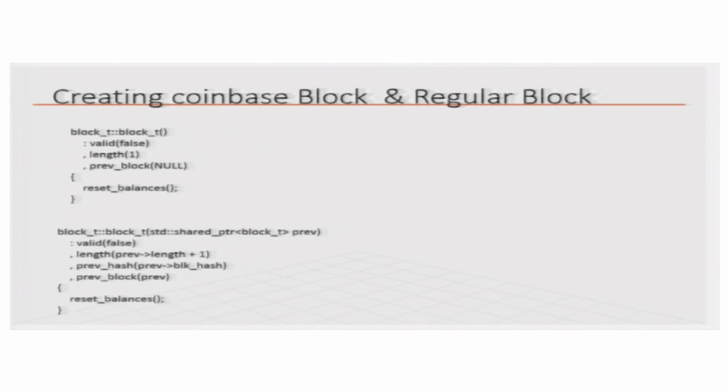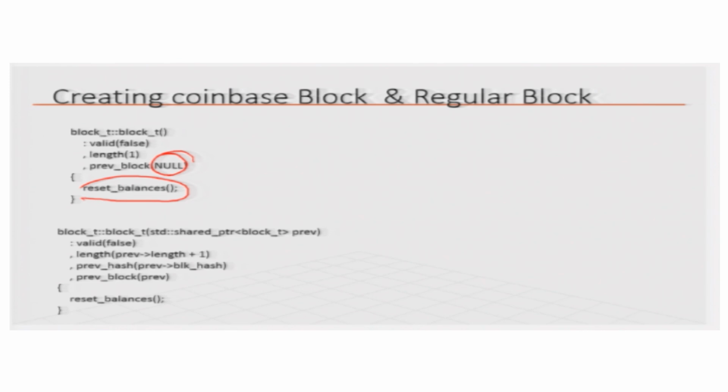The first block is also called the Coinbase block. The Coinbase block can be created using this constructor, where the previous block points to null and its length is 1. Its validity is set to false initially, and later when it is validated it will be updated. In the beginning you reset balances.